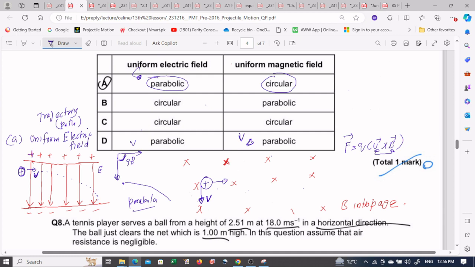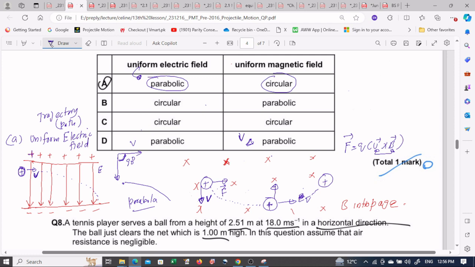So the force is perpendicular to both. The force will act inside, so this charged particle will move inward. When it is at this position, its speed is towards the right side, but the magnetic force is again inward. So it will be deflected again and follow this path.